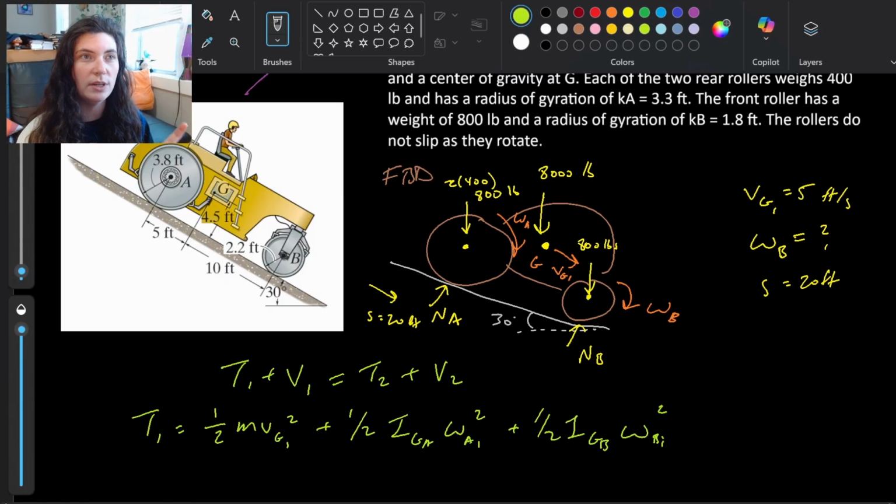All of those components have to go in here. Because we have those 3 different masses, those 3 different movements, where you have the velocity that's causing a movement for the tractor mass, and then those angular velocities that go with each of those rollers, all of those get their own component there in the kinetic energy equation.